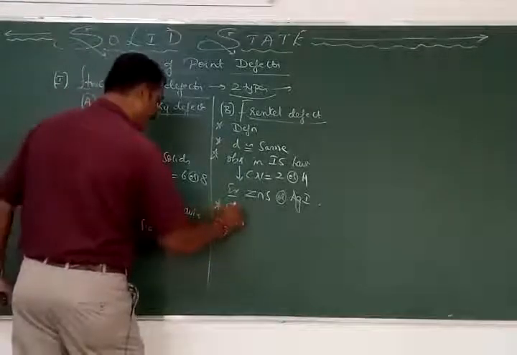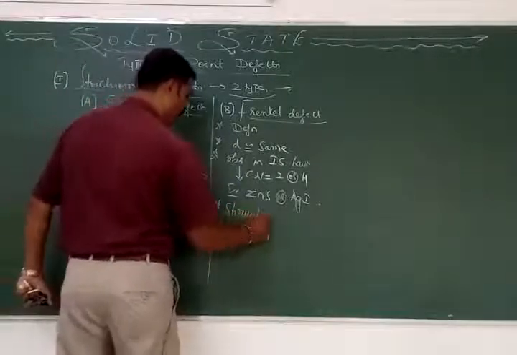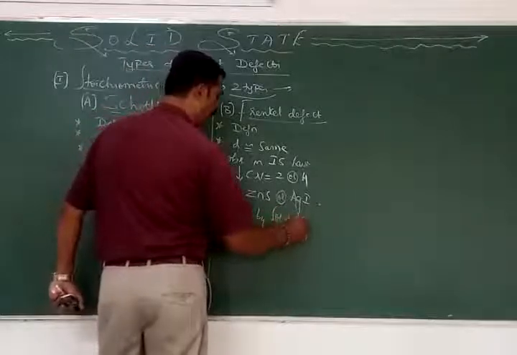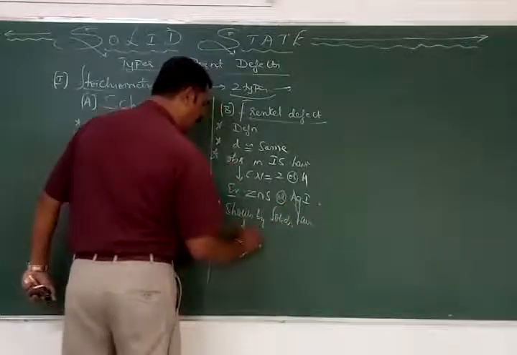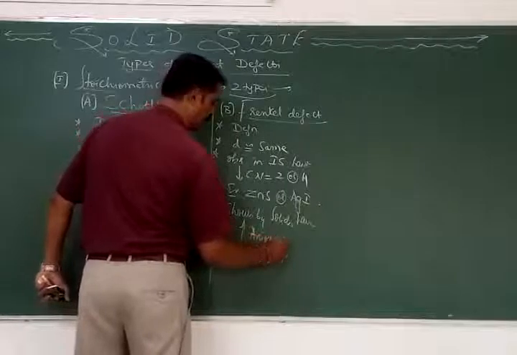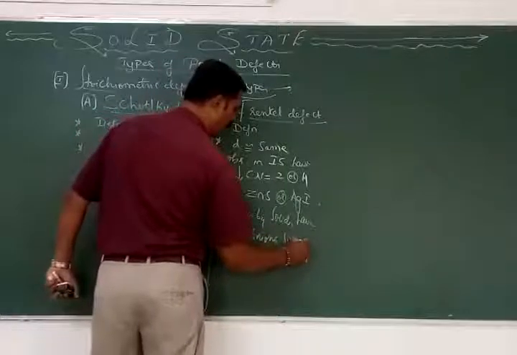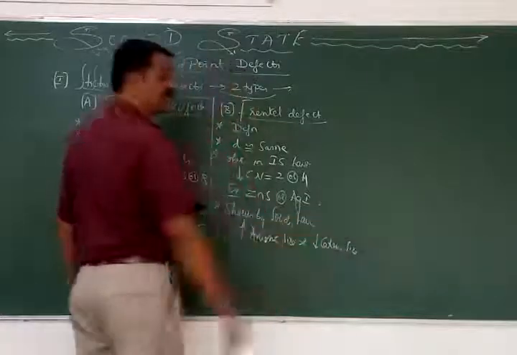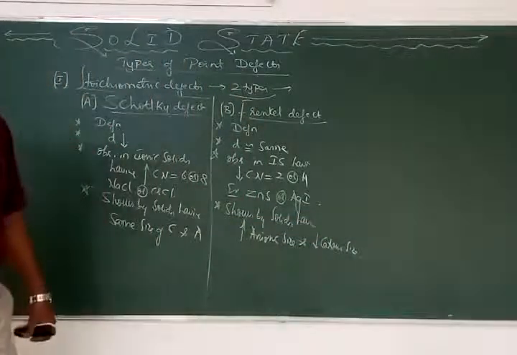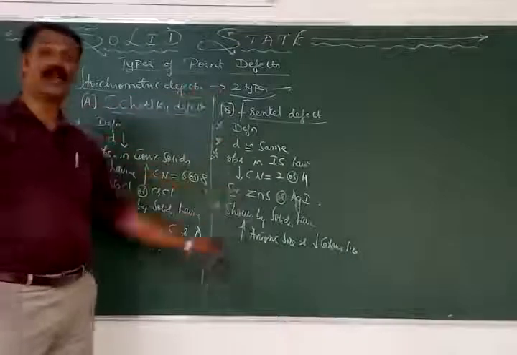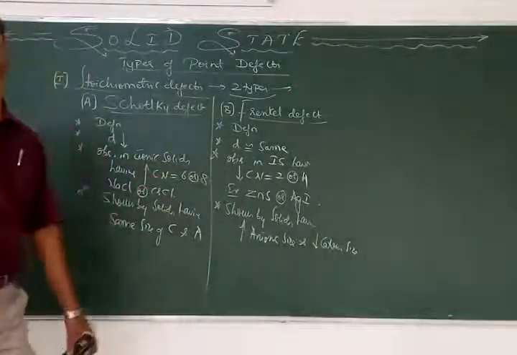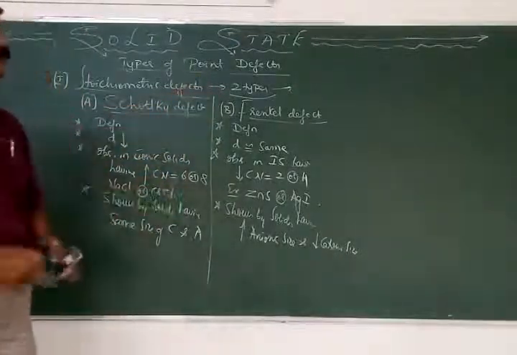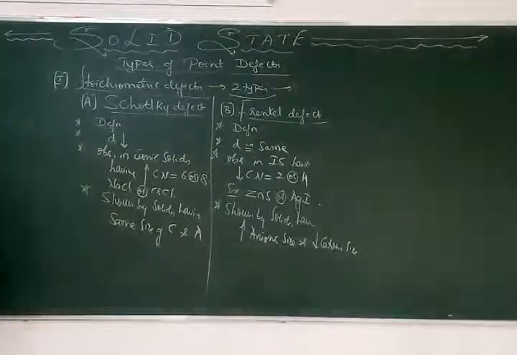But here, this is shown by solids having a larger anionic size and smaller cationic size. Means the anionic size must be much larger compared to the cationic size. It has a coordination number of just 2 or sometimes 4, and that refers to the Frenkel defect.